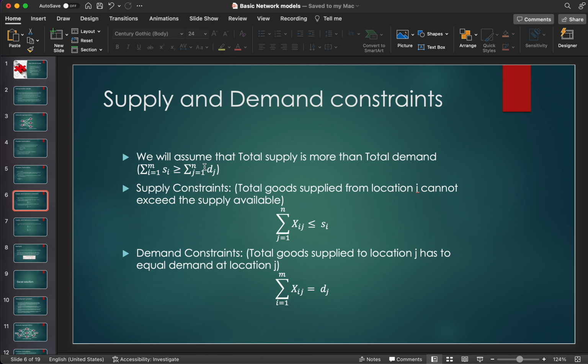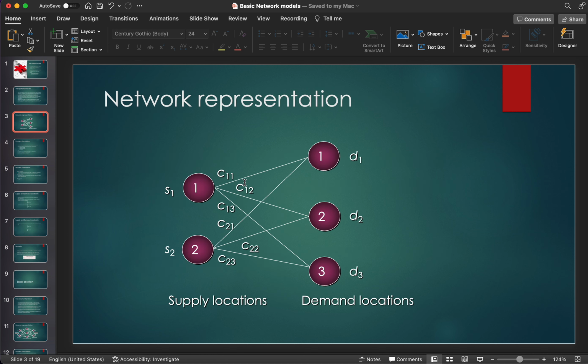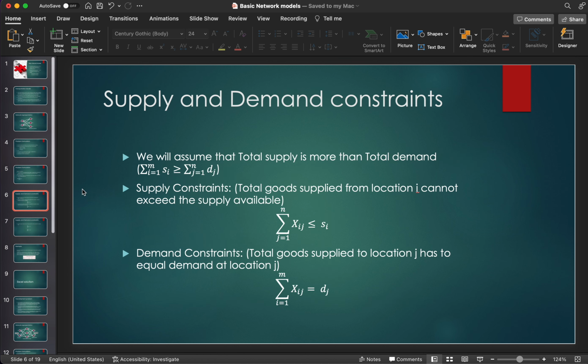So if supply is more than demand, then when you write the supply constraints, you're saying all the supply going out of this location 1 has to be less than or equal to the supply that is available. So let's look at this constraint again. All the supply going out from supply location i to all demand locations j has to be less than the supply that's available.